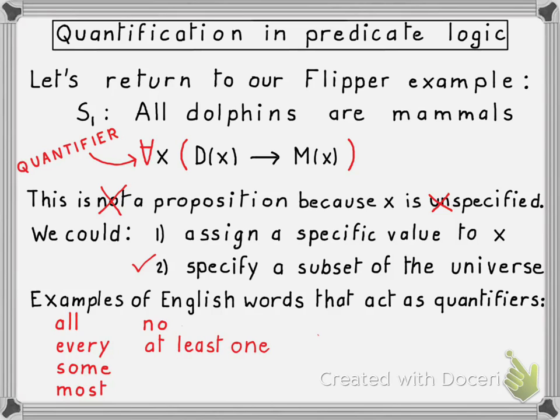Another one is "at least one dolphin is a mammal," or "a few dolphins are mammals." And our last example will be "many dolphins are mammals." So in conclusion, we see the need for taking care of quantification since it's a phenomenon that appears so often in English.